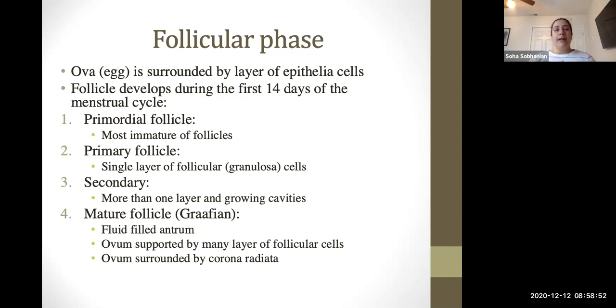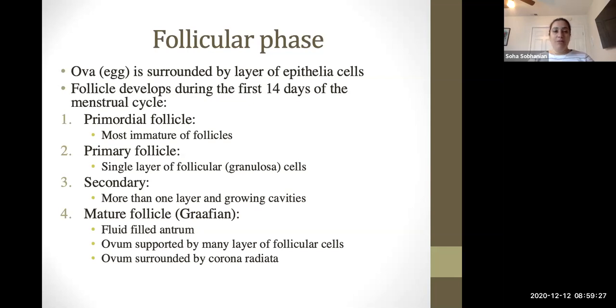And on average, by the time a female reaches puberty, you only have about 400,000 of them. It seems like a large number, but do remember that a male during every ejaculation releases millions of sperm, I'm talking about 100 million sperm. So having 400,000 eggs or oocytes or primordial follicles, it's not really a high number.